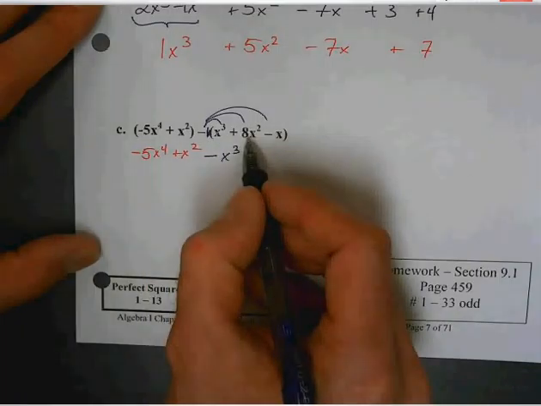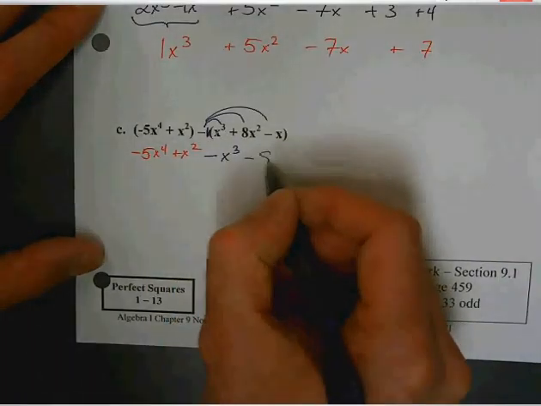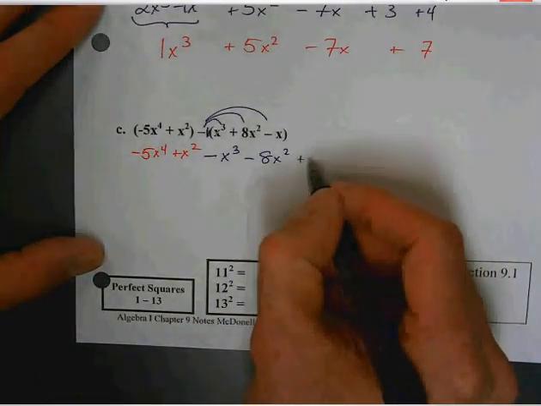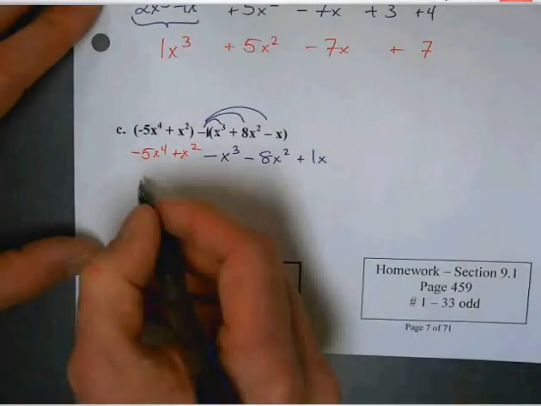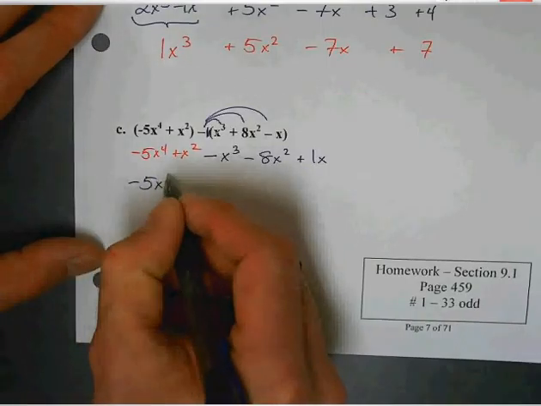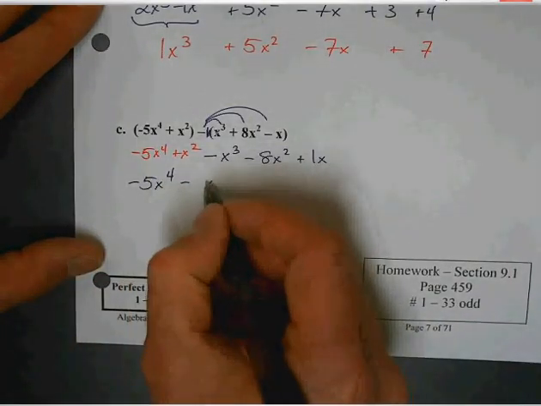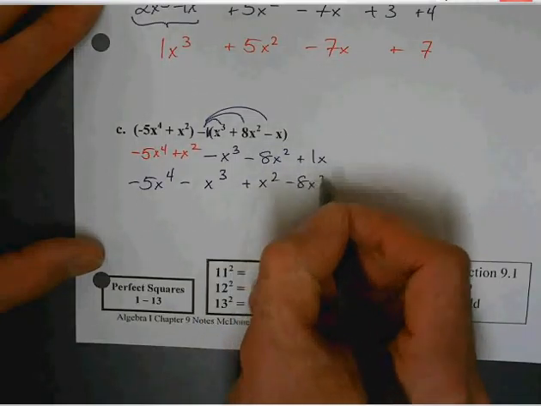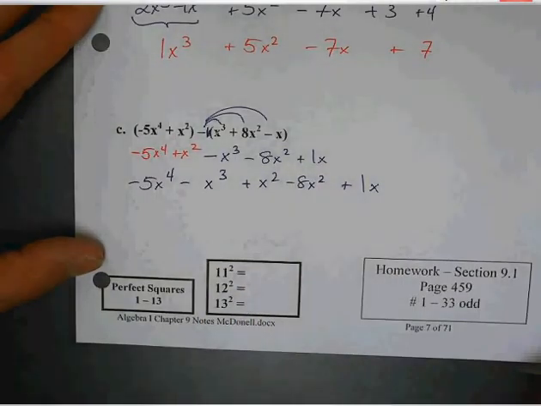Careful, negative 1 times 8x squared? Good. Negative 8x squared and negative 1 times negative x? Positive x. Good. Now let's group. Negative 5x to the 4th minus x cubed plus x squared minus 8x squared plus 1x.